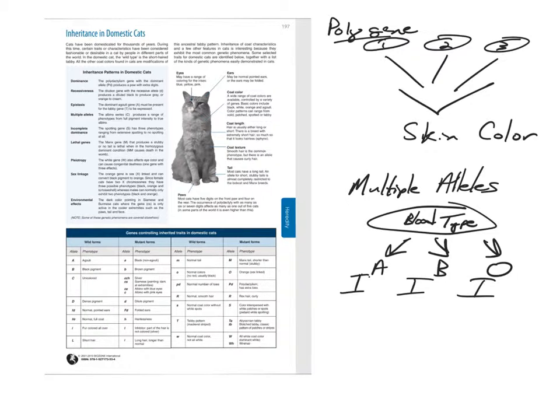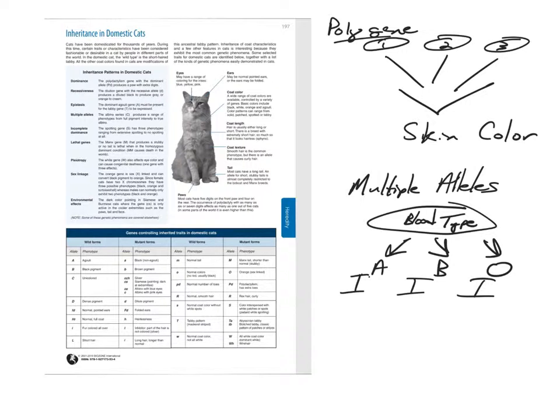And these give you actually 4 different phenotypes. If it's AA or AO, then it's A. If it's BB or BO, it's B. If it's OO, it's O. But if it's AB, it's AB. So you have 4 different phenotypes with 1 gene, but 3 alleles.